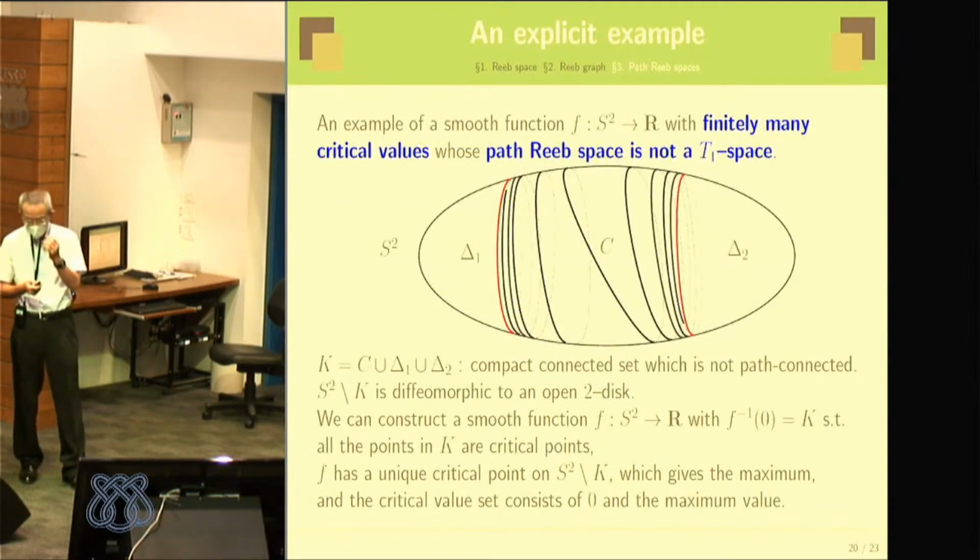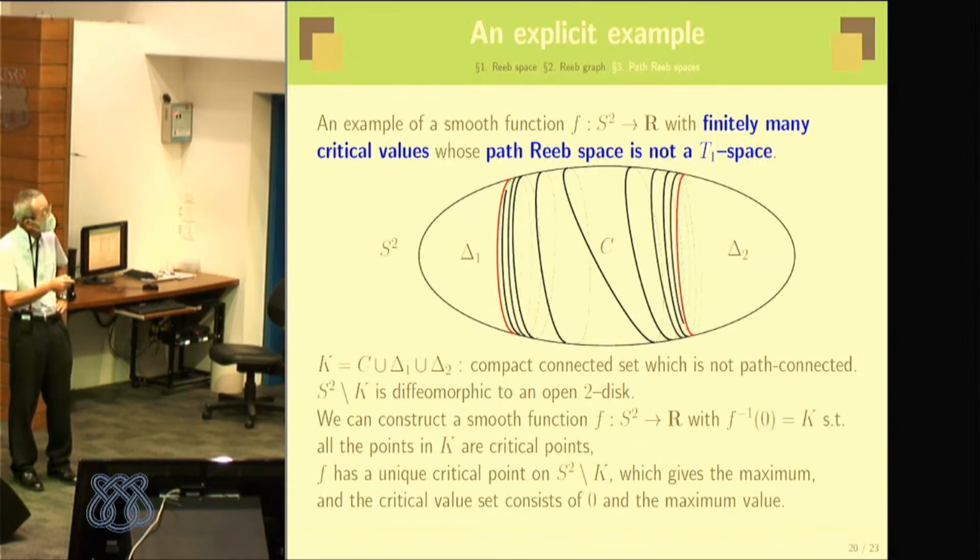And here is an explicit example. You have S^2, and on the left-hand side and the right-hand side, you have Delta 1 and Delta 2. They are just disks. And in the middle, you have an annulus, and on the annulus, you have an orbit like this, which accumulates to the boundary of Delta 2, and on the other hand, it accumulates around the boundary of Delta 1.